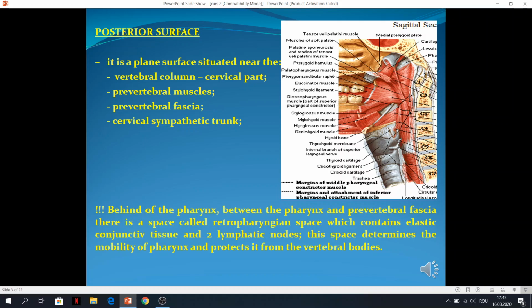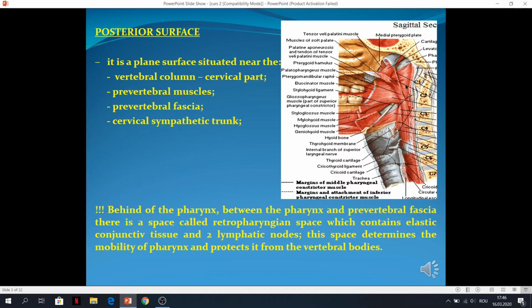These muscles must be protected by a fascia, the prevertebral fascia. So the posterior surface of the pharynx has relations with fascia, with muscles, with vertebrae, and with the sympathetic trunk, the cervical sympathetic trunk. We will study this sympathetic trunk a little later this semester, but it's a part of the nervous system.